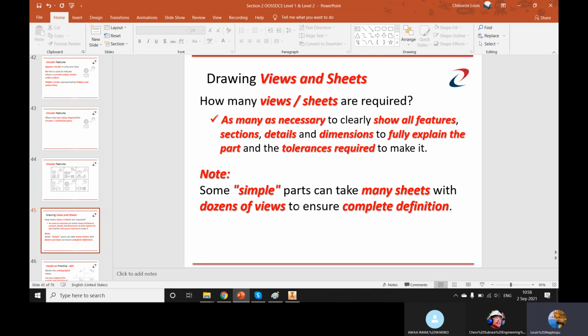This is very, very necessary. Understand that your working drawing should have all the complete information. It should be such that someone else who did not go through the same design process to come up with that design should be able to look at the document, understand and reproduce it.